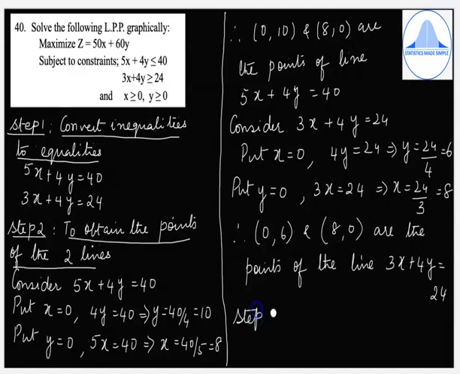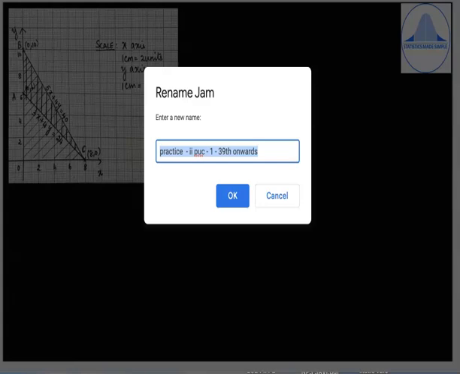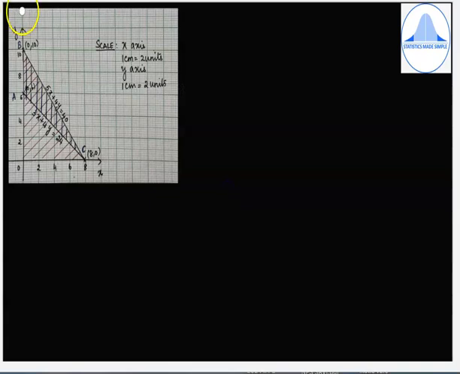Step 3. To draw the graph. To draw the graph, on the x-axis, we'll take the scale as 1 centimeter is equal to 2 units. So first mark the origin, then 2, 4, 6 and 8. On the y-axis also, we take 1 centimeter equal to 2 units.